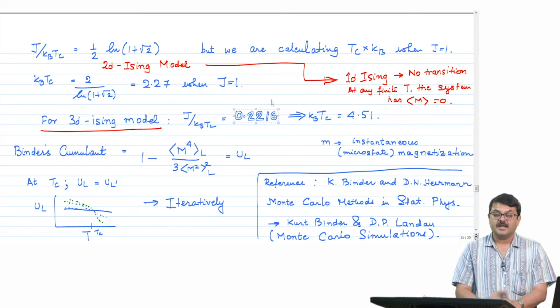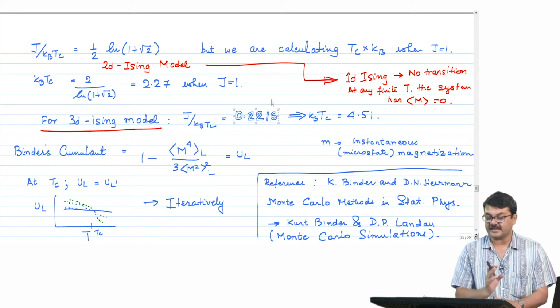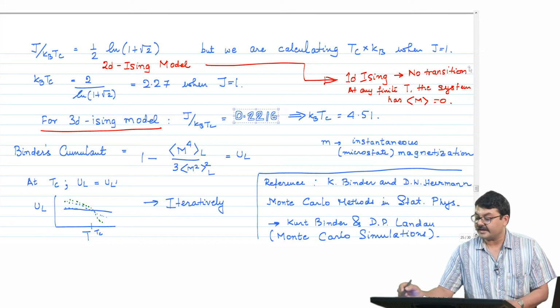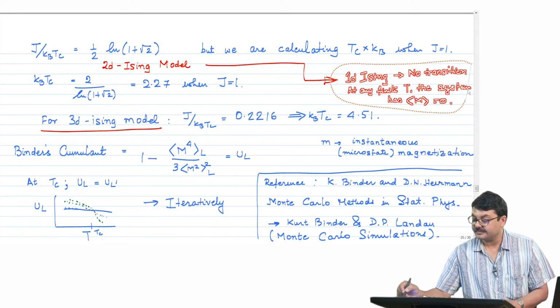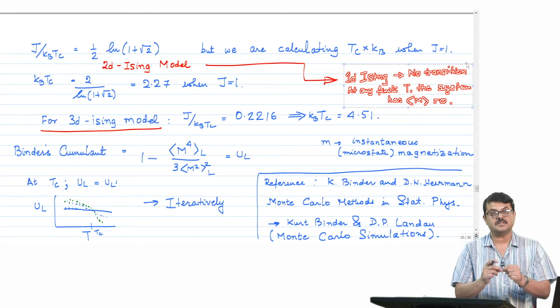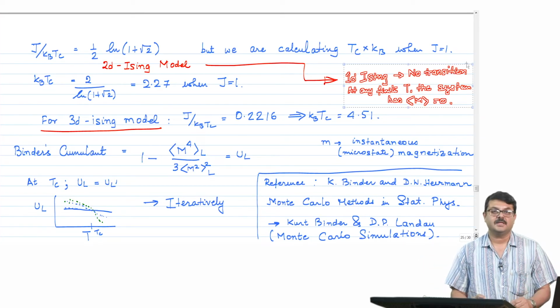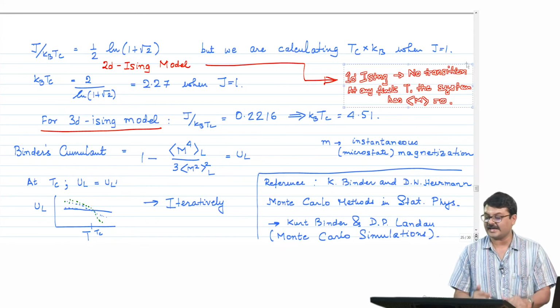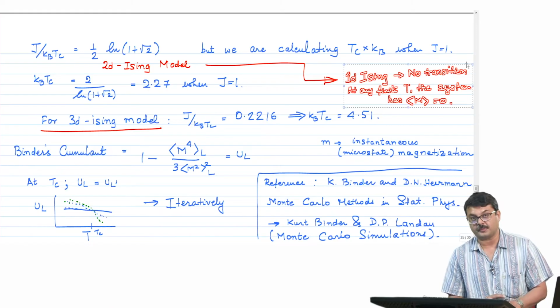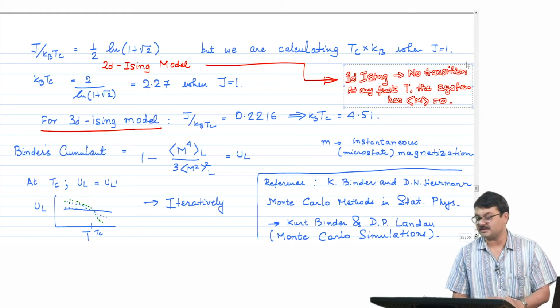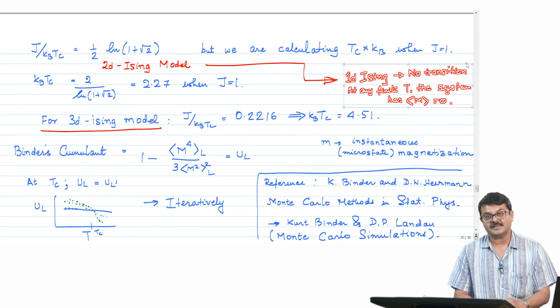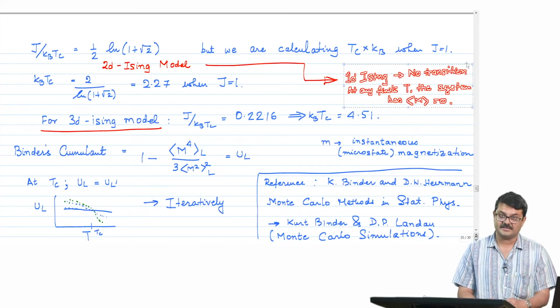Just for the sake of completeness, I think I have said this before, in the 1D Ising model, when all the spins are placed along a line, so that each spin has just 2 neighbors on the 2 sides, and this was proposed by Ising sometime in the 1920s, Ising did not find any phase transition.